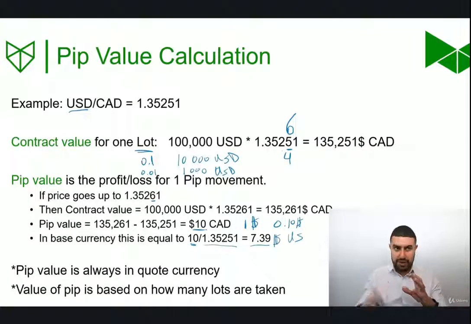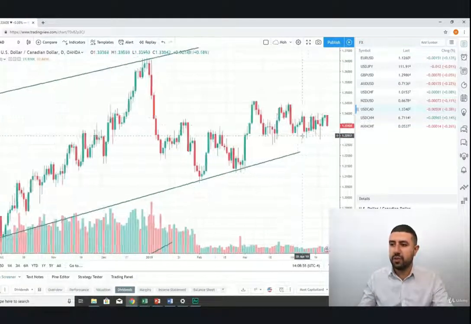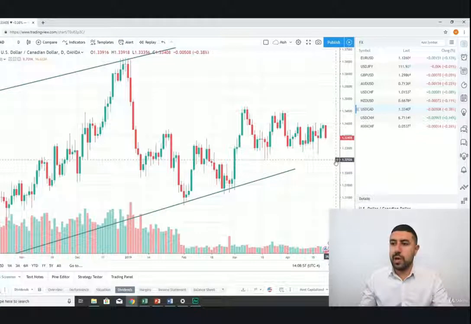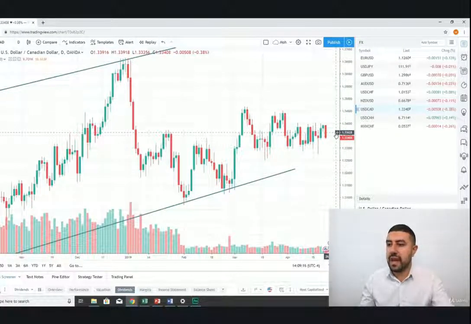So that way, when you're looking at prices, and I'm going to pull something up here, let's say you're looking at USD CAD, and again, we'll look over charting soon. You'll know that, okay, well, if I'm doing one lot, I'm making $10 per PIP. You know that if the price goes, let's say, from where it's at now, 1.3408, up to, I don't know, let's say 1.3428, well, you can calculate that the difference between those two prices is 22 pips.